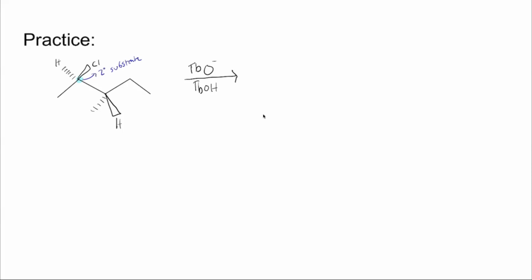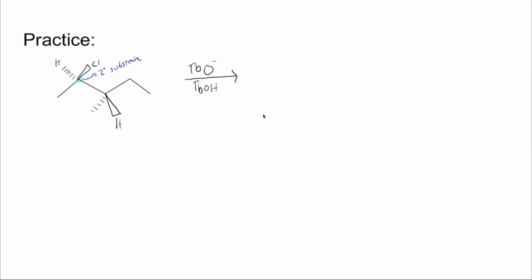Alrighty, so we also need to look at the steric composition of the substrate. Does anyone see if we have any anti-periplanar hydrogens anywhere? This is an important question to consider because for an E2 reaction, we would need to have an anti-periplanar hydrogen.